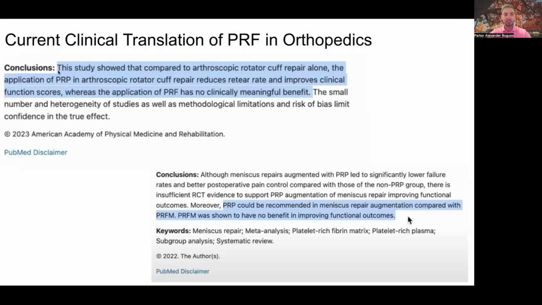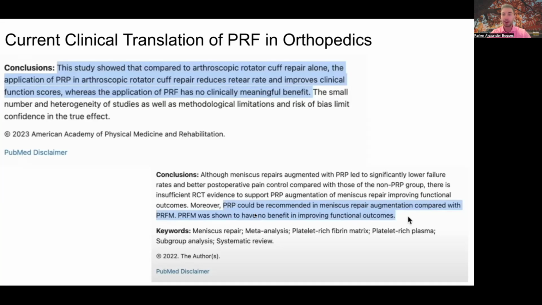The first study I pulled showed that compared to arthroscopic rotator cuff repair alone, the application of PRP in arthroscopic rotator cuff repair reduces re-tear rate and improves clinical function scores, whereas the application of platelet-rich fibrin, PRF, has no clinically meaningful benefit. Another study also found, moreover, that platelet-rich plasma could be recommended in meniscus repair augmentation compared to platelet-rich fibrin matrix. Platelet-rich fibrin matrix was shown to have no benefit in improving functional outcomes.